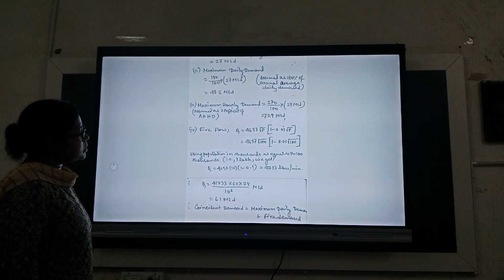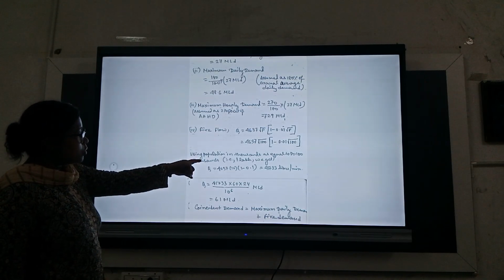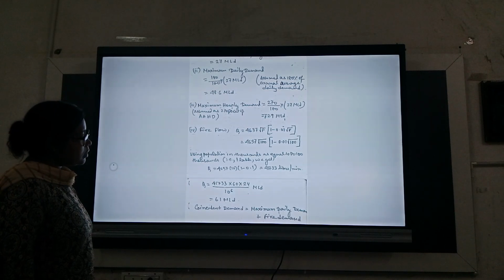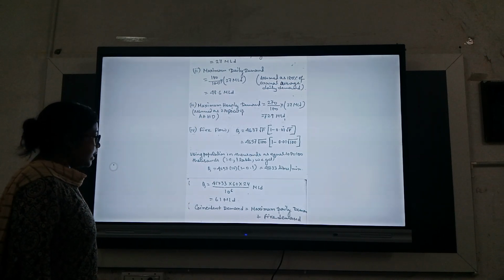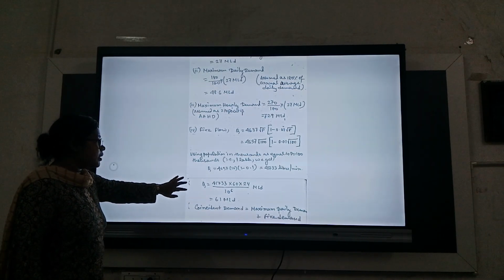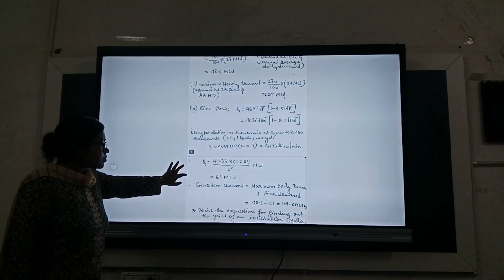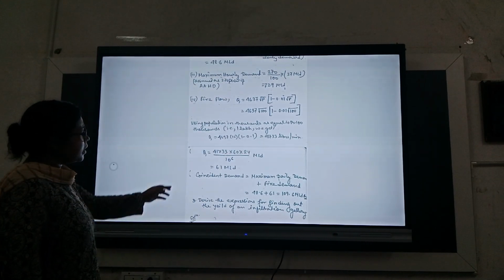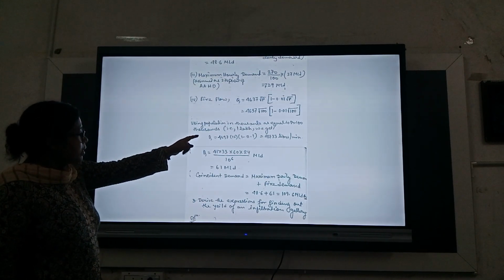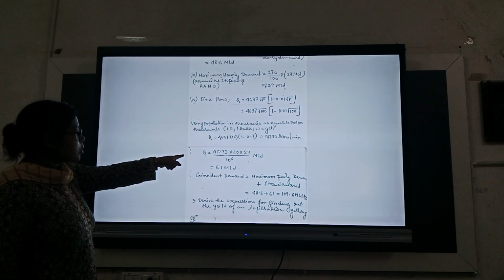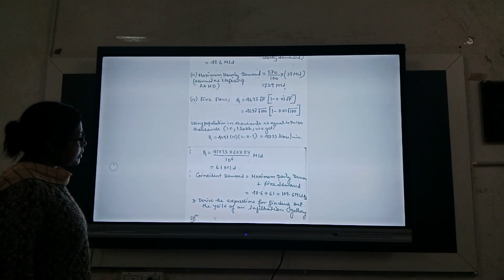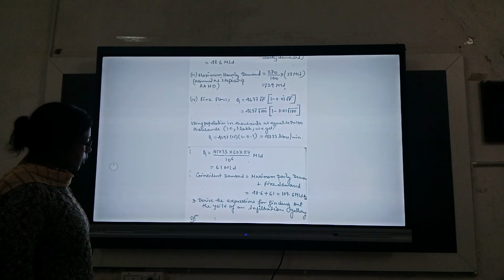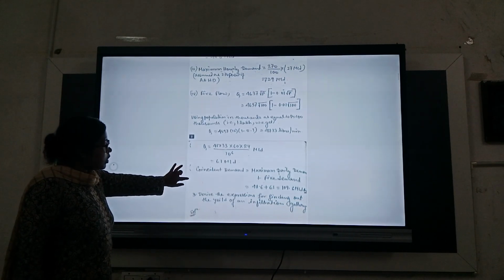So the Q comes out as 41733 liters per minute, and if we convert it into million liters per day, multiplying by 1440 by 10 to the power 6, we are getting it as 61 million liters per day or MLD.